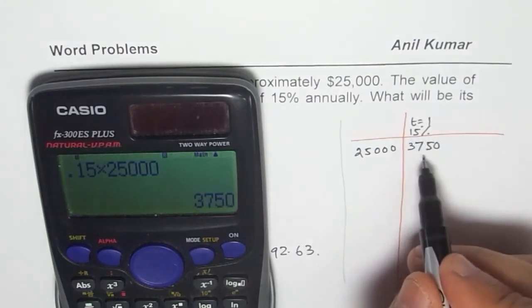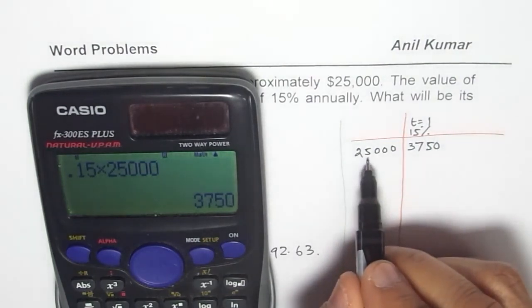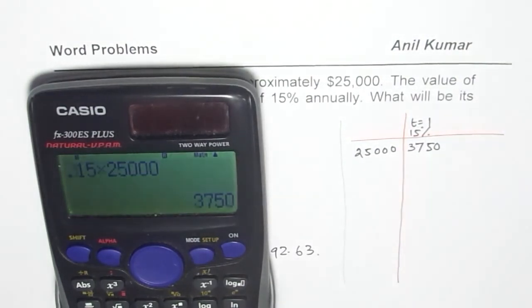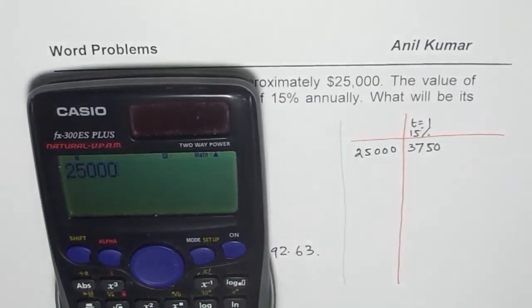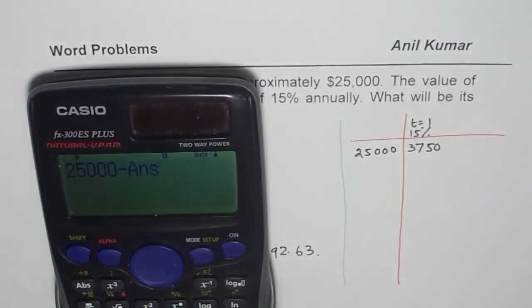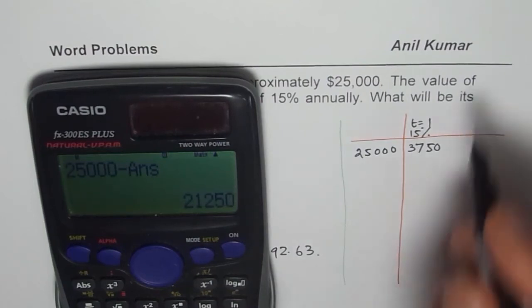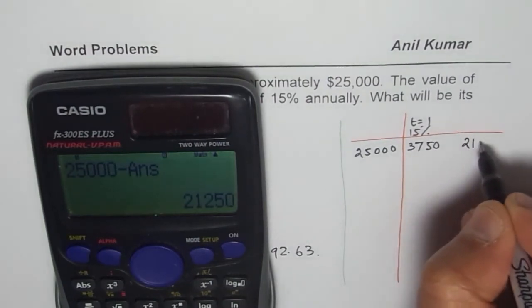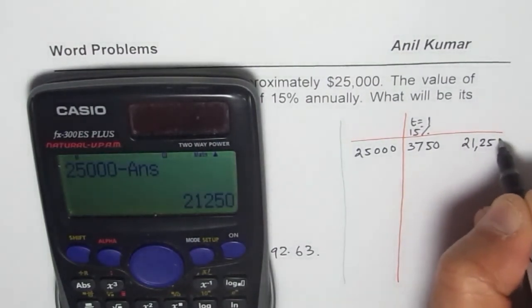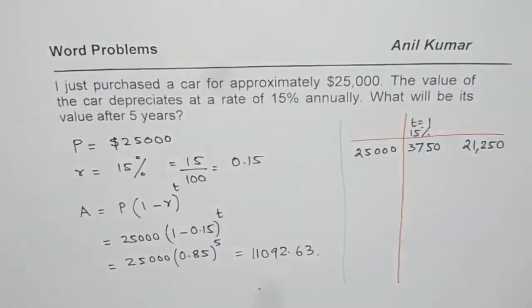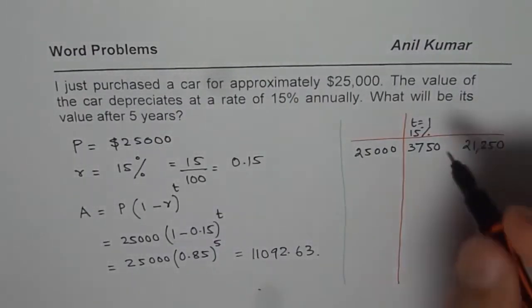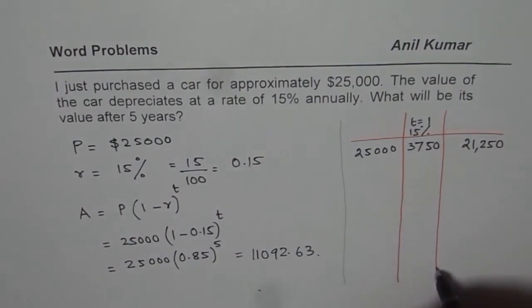Now that value should be deducted from 25,000. So we get 25,000 take away 3750, which is equal to $21,250, right?